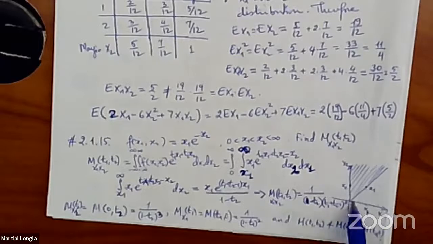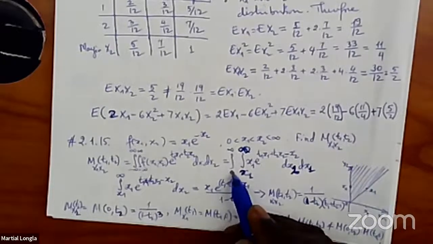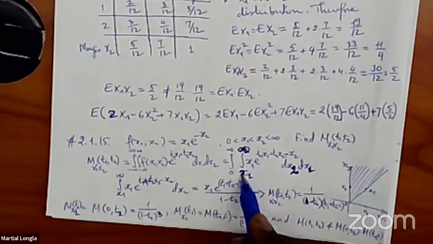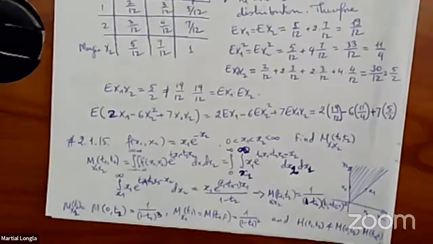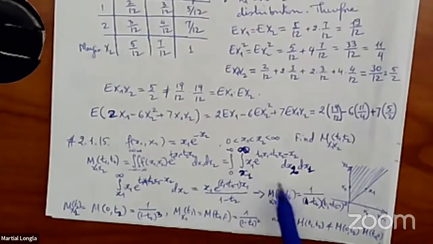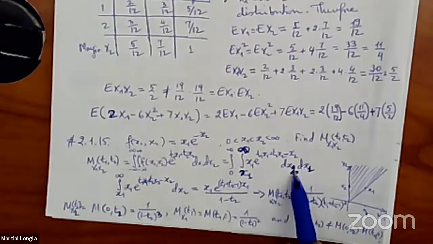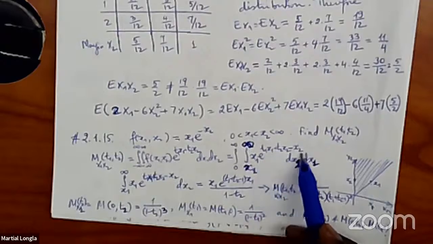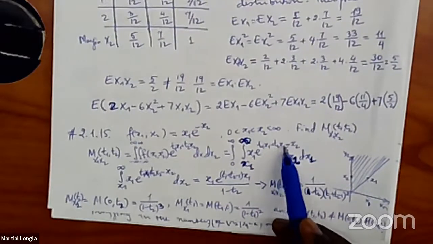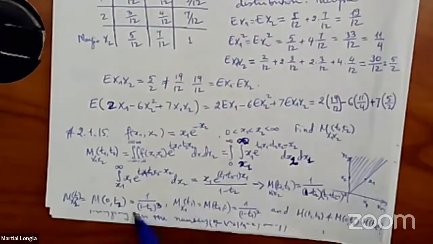And for every x1 that you fix, you can actually fix x1 from 0 to infinity because that's the range of x1 inside here. So it's integral from 0 to infinity, integral from x1 to infinity, and everything else is inside there. The rest from here is your calculus skills, how you integrate that. With respect to x2, this all is a constant. So you just integrate e to the (t1 and t2 x2 minus x2).